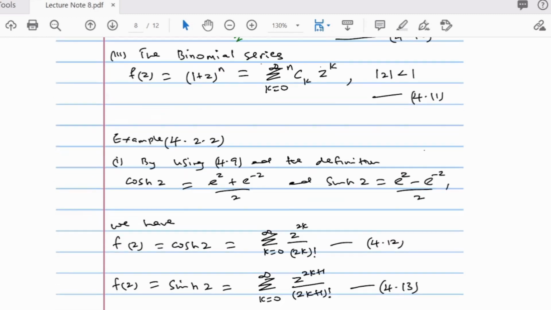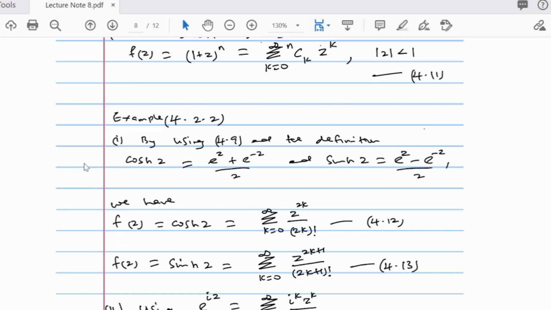Okay. Now, if you use your 4.9 and this definition, you can always write cosh z as e to the power z plus e to the power of minus z over 2, and sinh z as e to the power of z minus e to the power of minus z over 2.